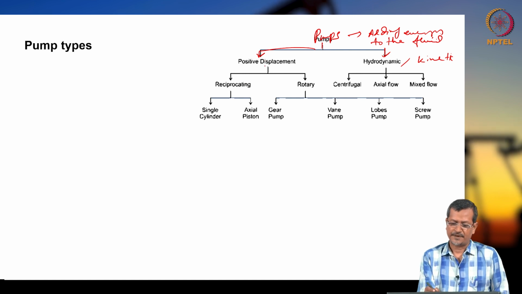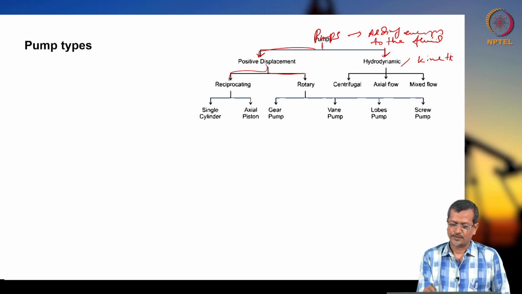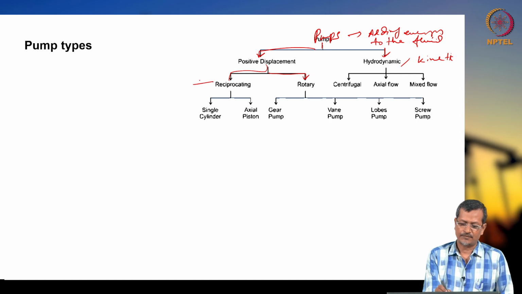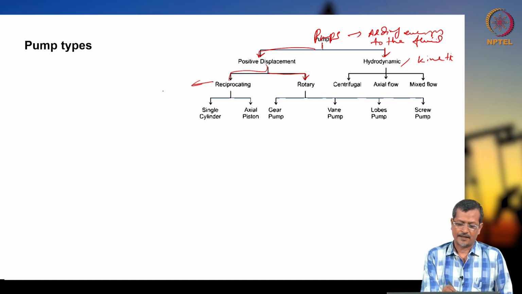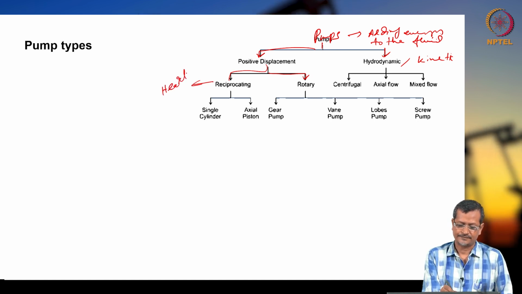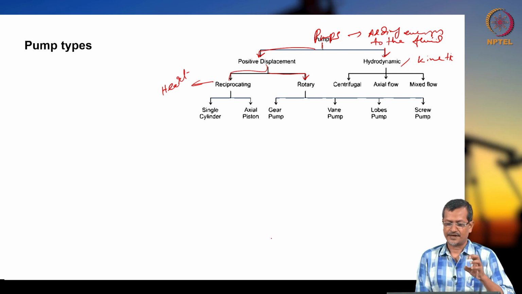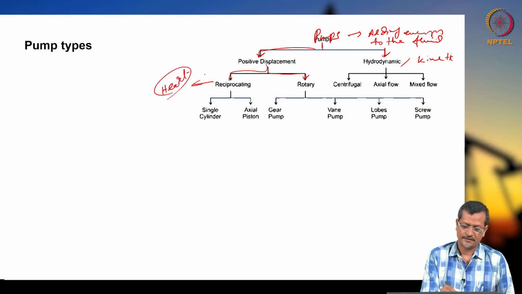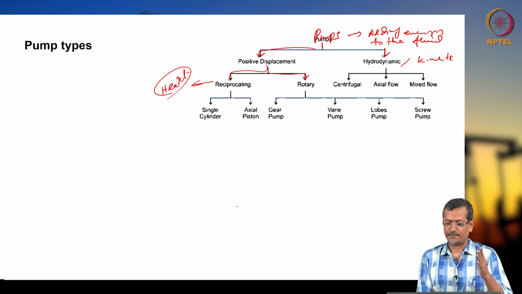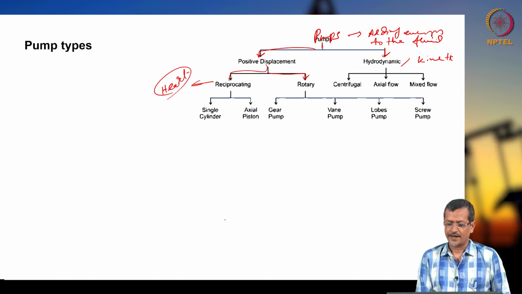Positive displacement pumps are basically of two types: rotary and reciprocating. Reciprocating is like your heart, a reciprocating or pulsating thing, or any reciprocating pump you have seen in industry, which I will discuss later. The other is rotary.